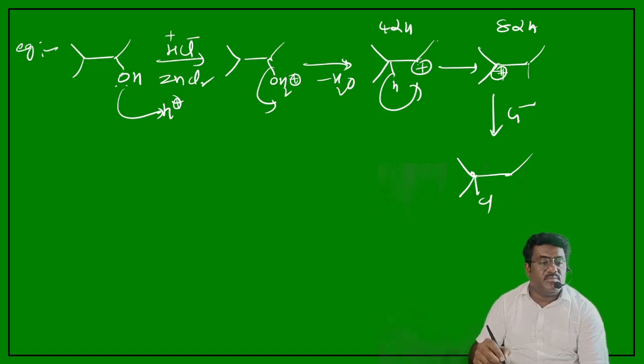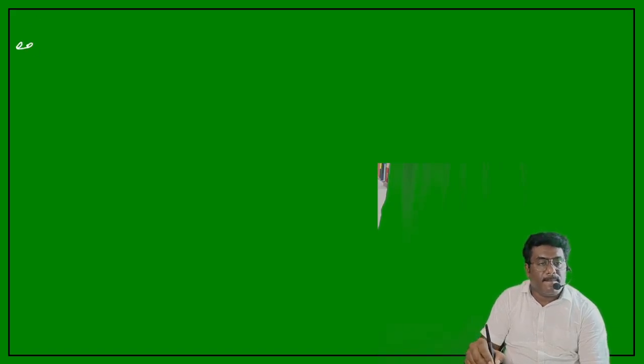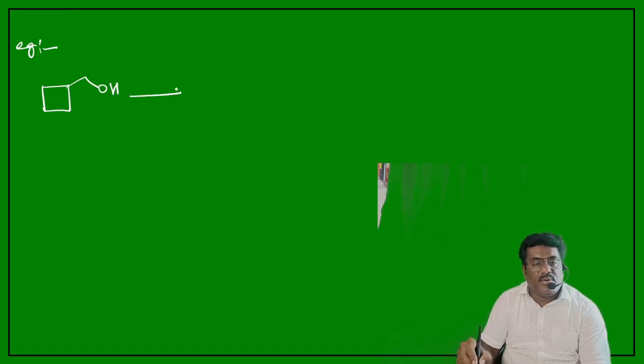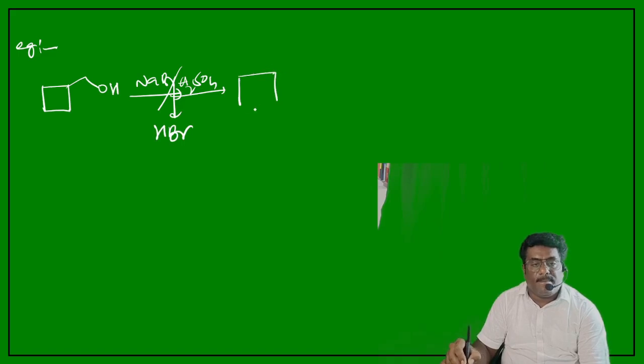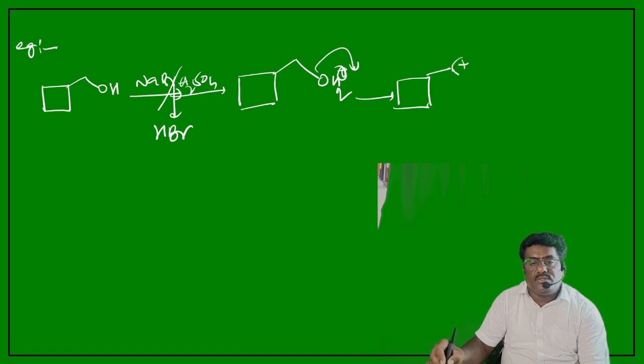Let's move on. One more example. Cyclobutane with alcohol, in presence of sodium bromide in H2SO4. Sodium bromide in H2SO4 produces hydrogen bromide. It is protonated to OH2 plus, losing water forms a carbocation.